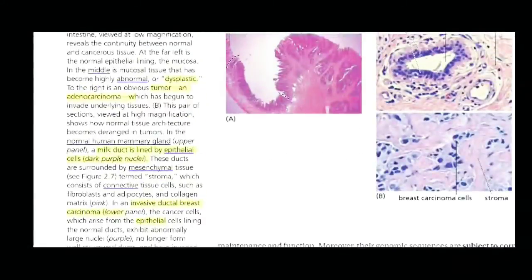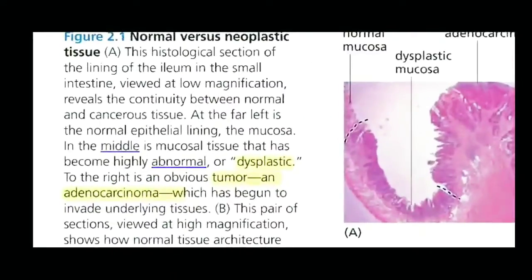Well, the dysplastic condition. What exactly is the term dysplastic representing here? It's nothing but uncontrolled abnormal tissue with very rapidly proliferating cells, but still these are normal cells.